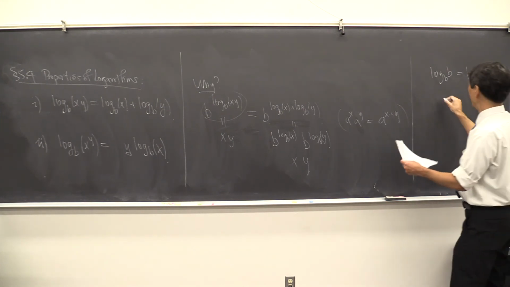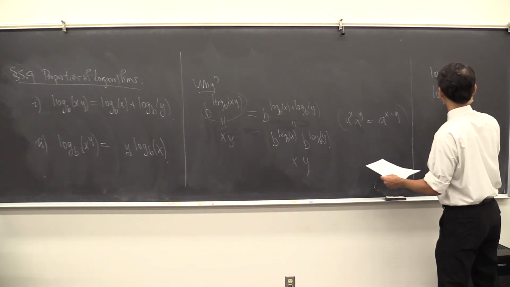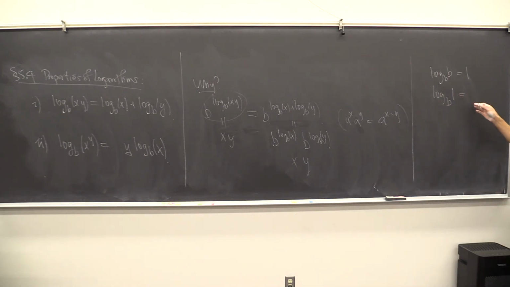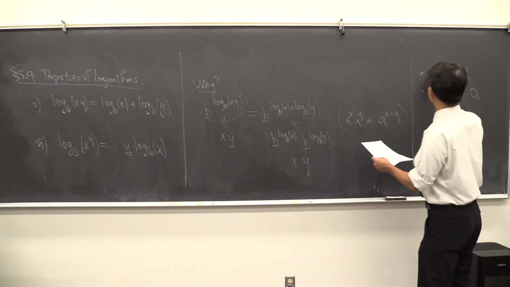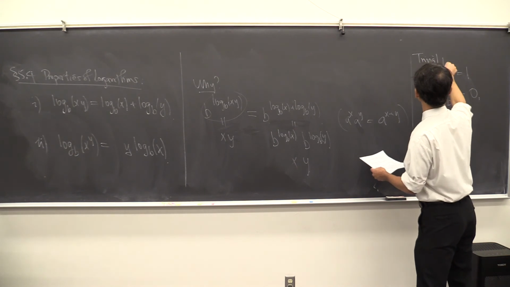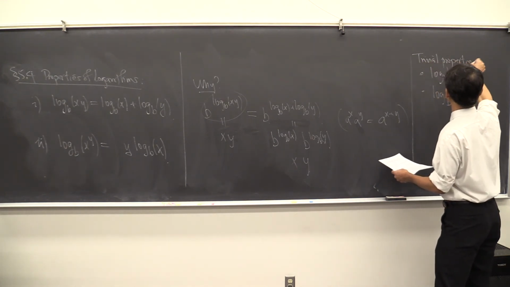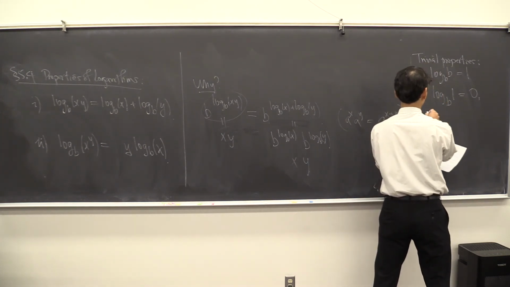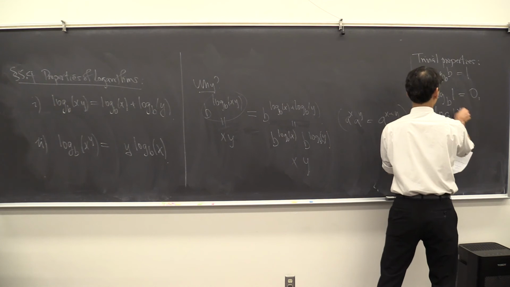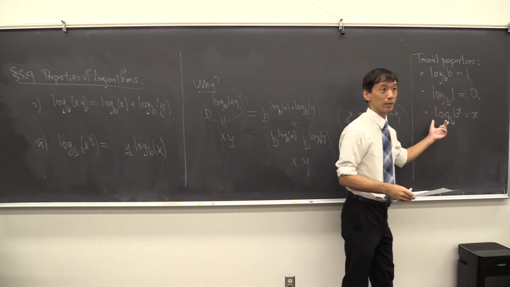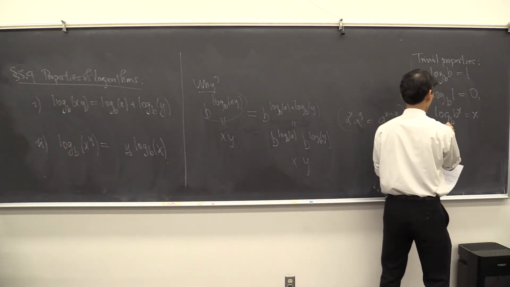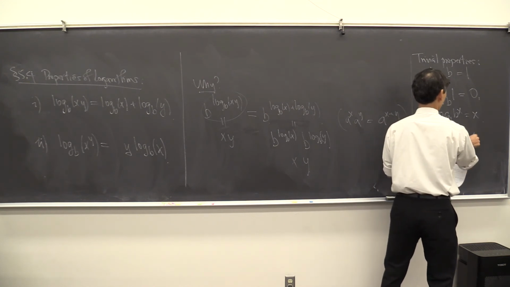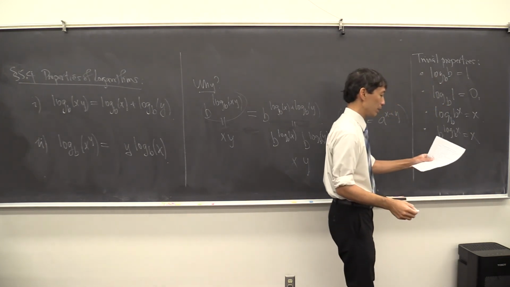Or log base b of 1 is 0, because b to the 0 is 1. So there are other trivial properties that the book lists. It also says things like log base b of b to the x equals x, but you know that, because that's just the inverse statement. It says b to the log base b of x equals x. That's also the inverse statement.